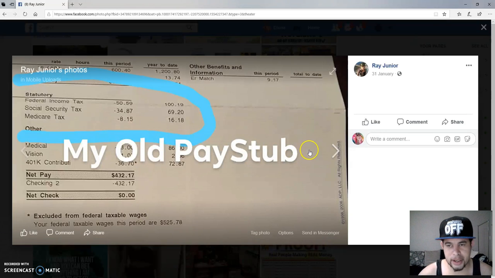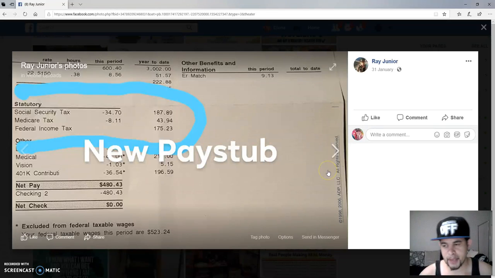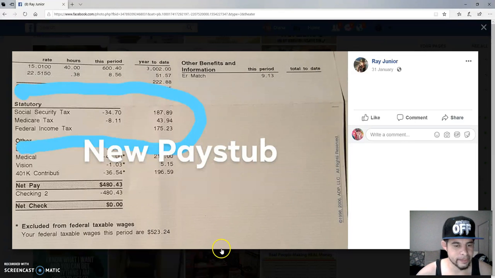And after I turned in my W-4, you can see that as federal income tax, there's nothing there. That means I was able to get some of that money back, which actually increased my weekly paycheck, which was amazing. All right, so with that being said, let's actually go over to the W-4.